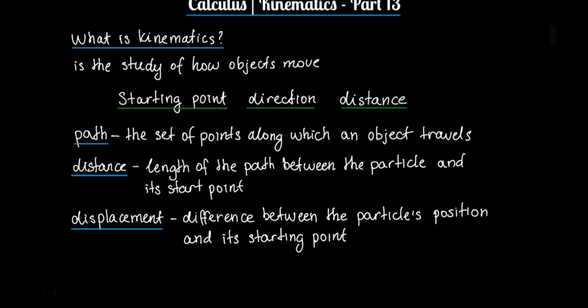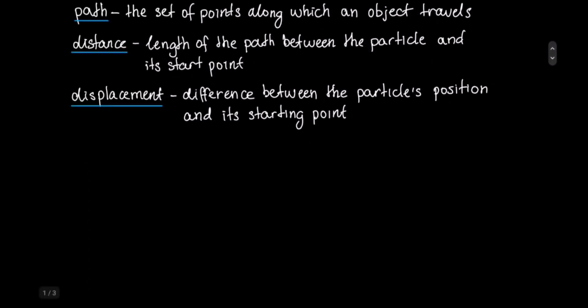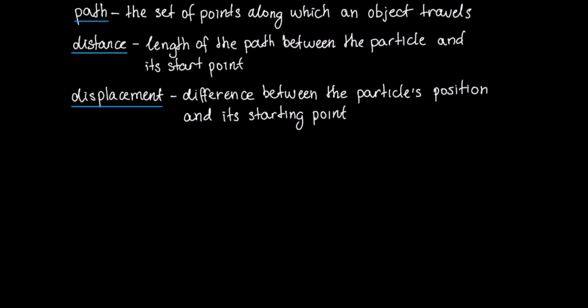Now, you may ask, what does all of this have to do with derivatives and mathematics? All of this seems like physics concepts. I can tell you immediately that displacement is related to another term in physics and mathematics called velocity.